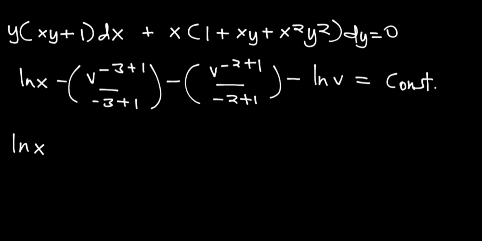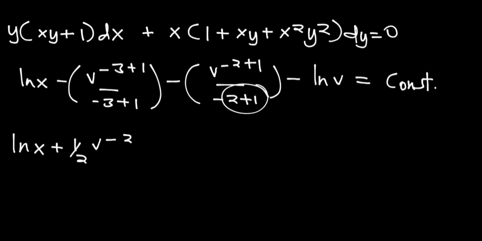So this gives us an ln x. And here we're going to have a minus. Should we have a minus? We know that negative 3 plus 1 is going to give us a negative 2. So if you have a negative 2 multiplied with a negative here, that is going to give us a plus. So this is 1 over 2, and here we're going to have v raised to the power of negative 2.